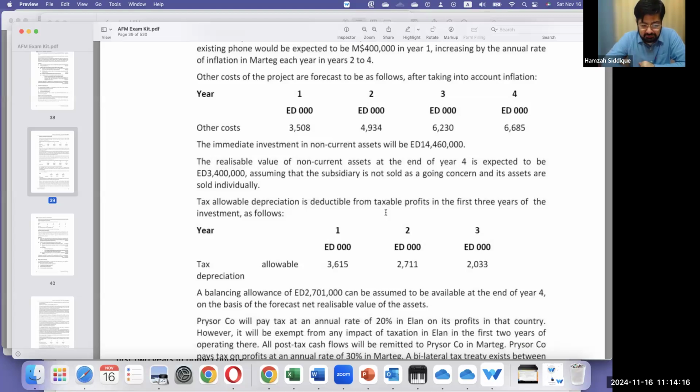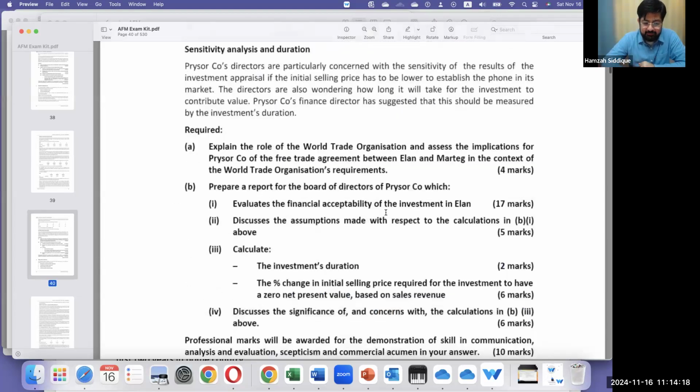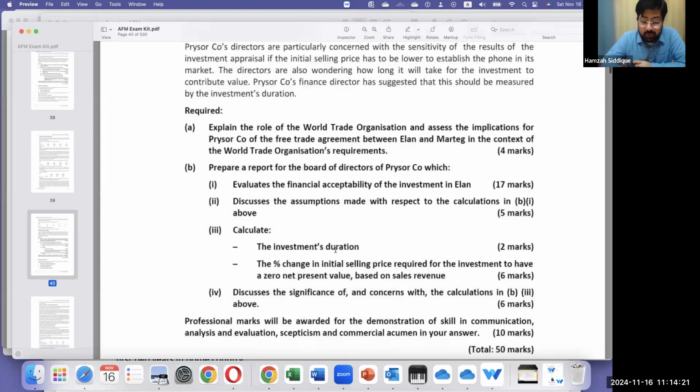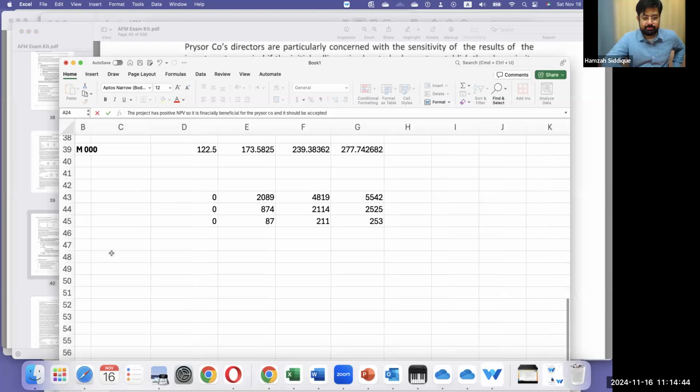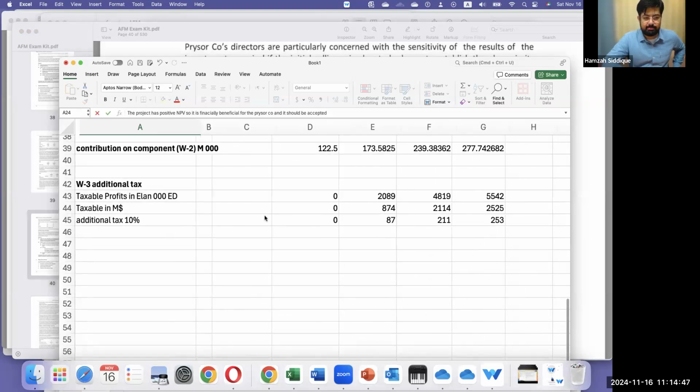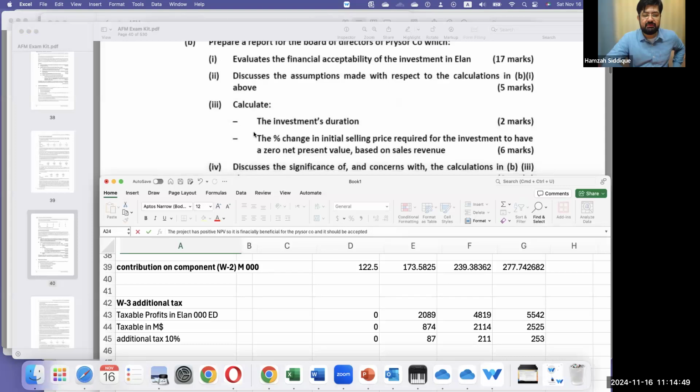Now, the next part of the question is, so this is done, assumption. Calculate the investment duration. 2 marks. Okay, we will do that. Duration of the project. So, students, B's third part.